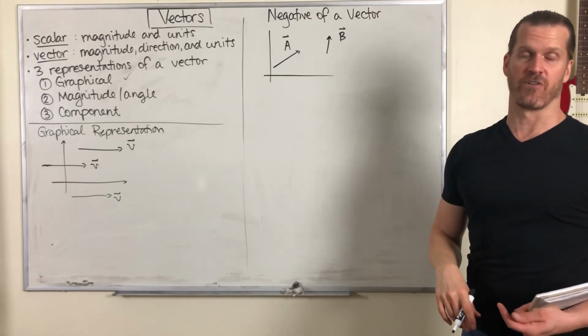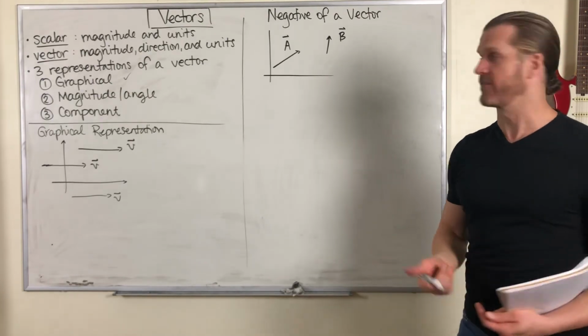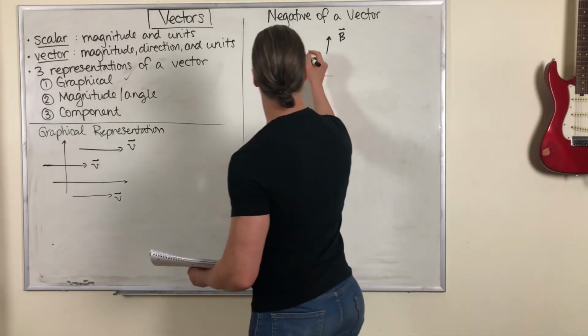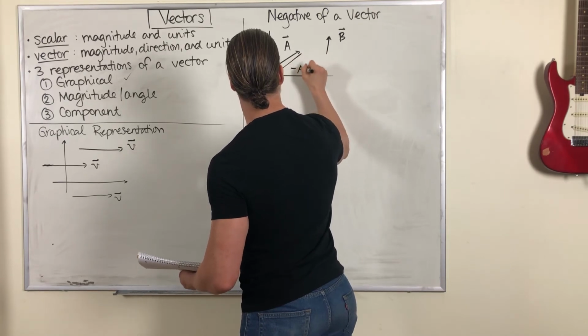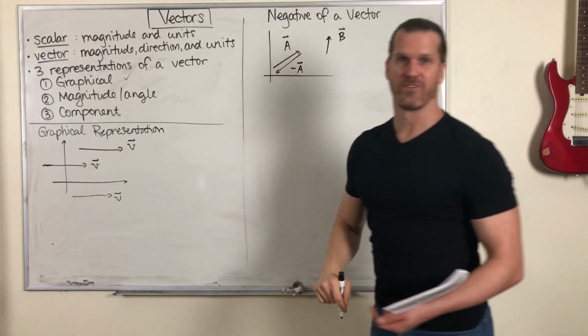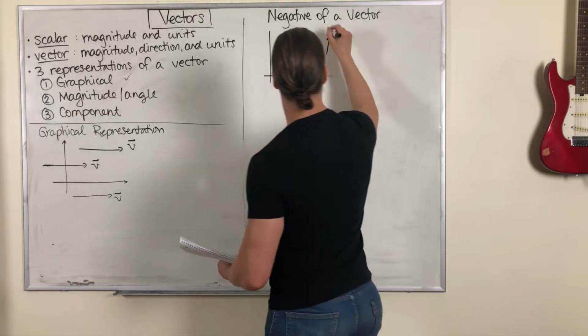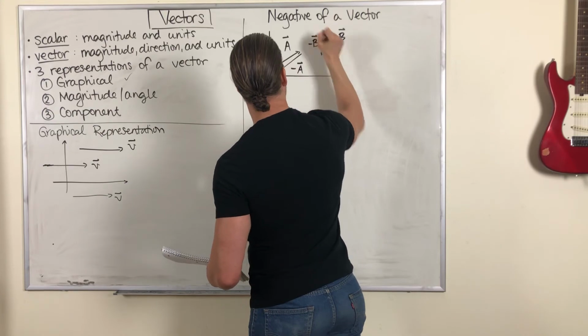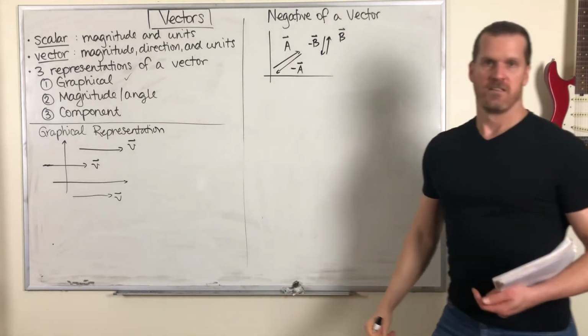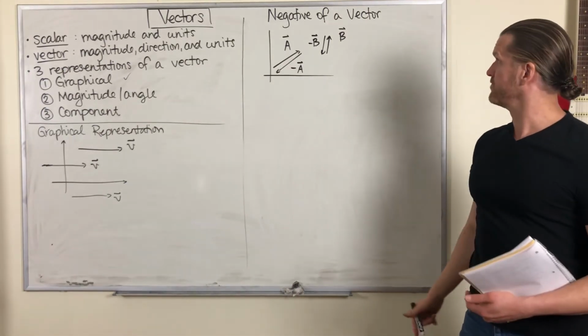You flip the vector 180 degrees, keeping the length the same. So if this is A, then negative A would look like that. If that's B, then here's negative B. Just flip them 180 degrees.